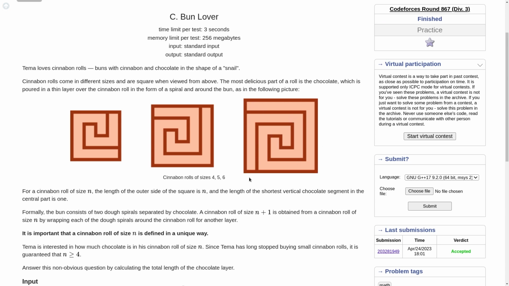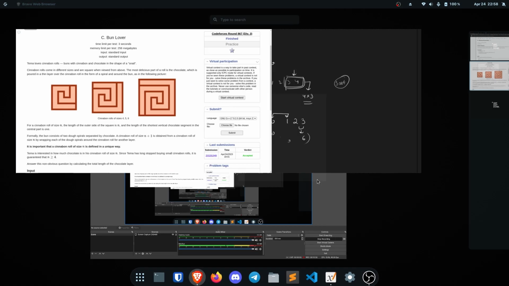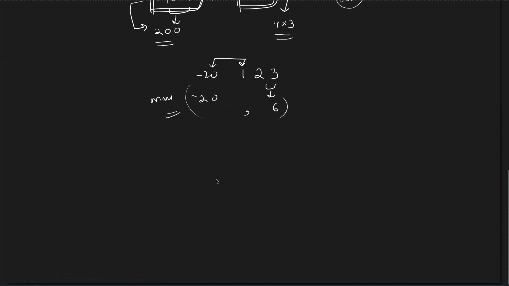So I'm just going to show you with an example, and you will have a clear-cut idea of how you can solve this problem. And obviously, in problems like these, there are multiple ways to solve it, and I'm just going to share with you what I did during the contest, right? So for example, this is of length 1, this is of length 3, this is of length 5 and this is of length 6, right?